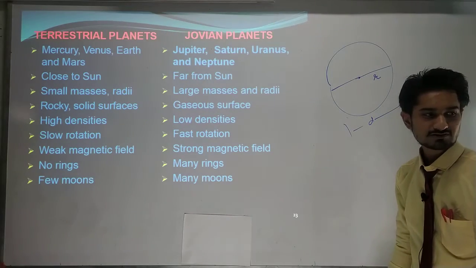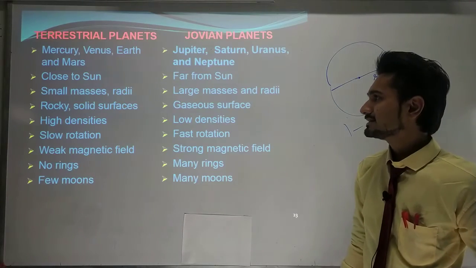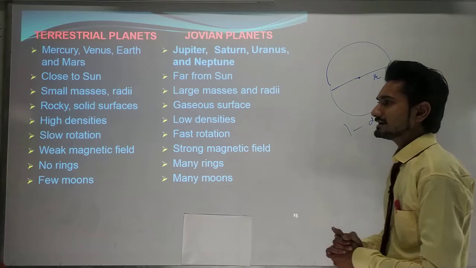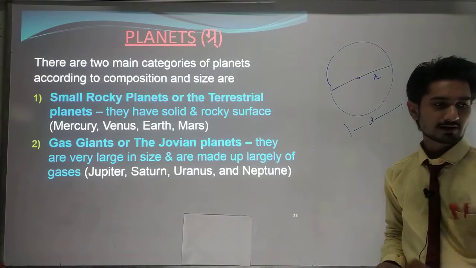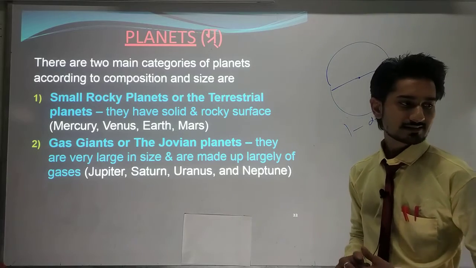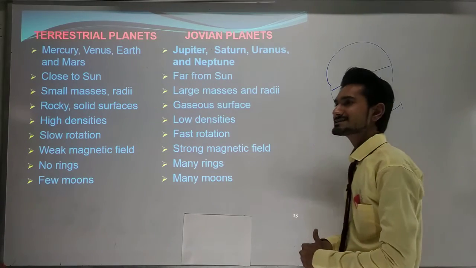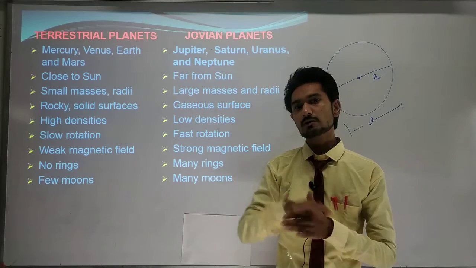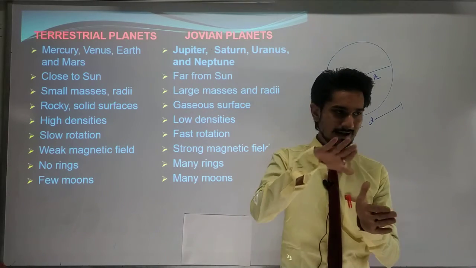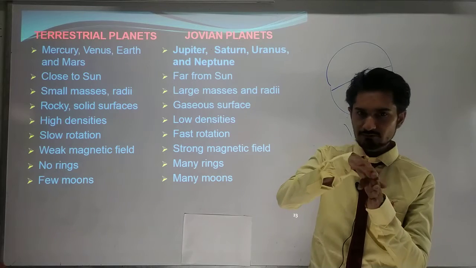Also, another piece of information regarding the planets is the terrestrial planets and the Jovian planets. So what are the terrestrial planets and the Jovian planets? We are going to see that first. Generally, the terrestrial planets are the planets that lie before the Mars orbit.